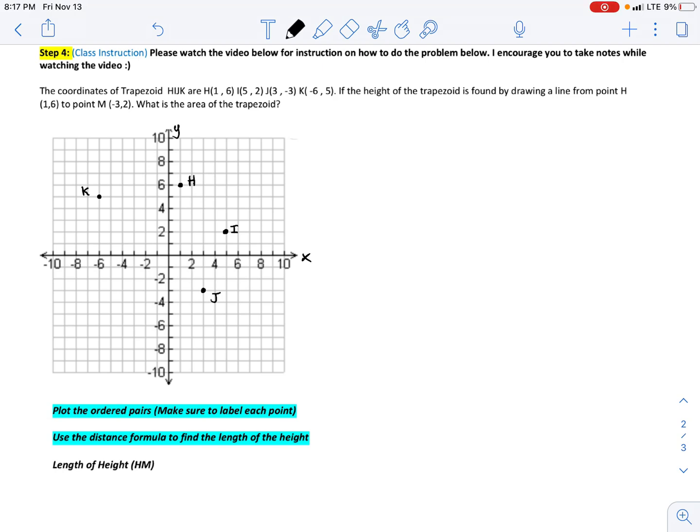Okay, and so now it also gave me the height of the trapezoid, which is found by drawing a line from point H to point M. And so I'm going to plot point M right now, which is -3, 2. And so I'm going to connect the dots.